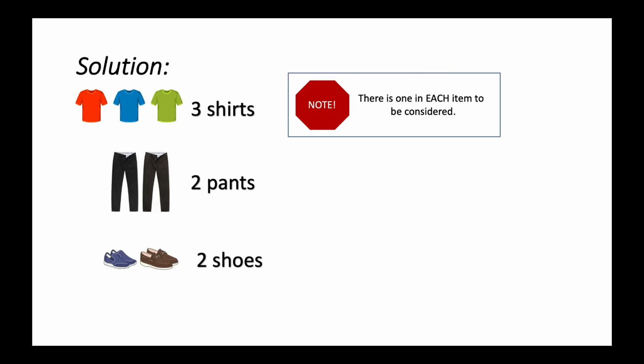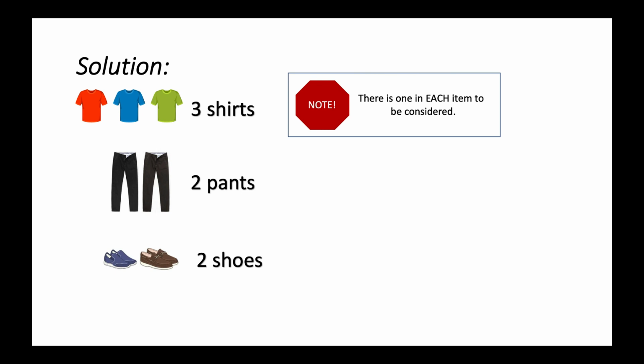So therefore, in this case, choosing a particular item in each type, shirts, pants, and shoes, are different tasks. So we can simply multiply them together since we have to consider one in each item, or we can just simply use the multiplication rule.